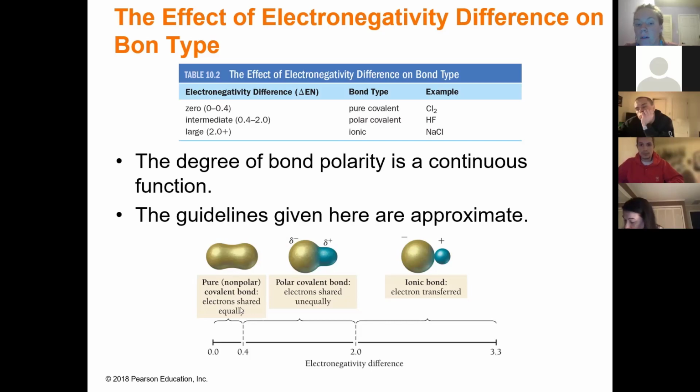They're sharing the electrons equally. And then there's this intermediate step in between where the difference is 0.4 to 2, where the electrons are being shared, but they're not being shared equally, right? The electron is kind of hanging closer to the atom with the larger electronegativity. So you can have a non-polar covalent bond, a polar covalent bond, or we just jump into an ionic bond.